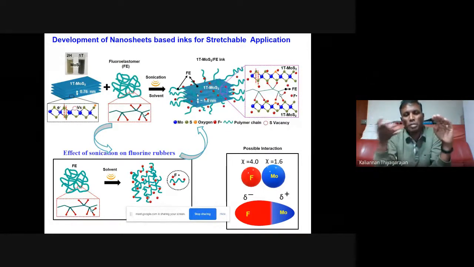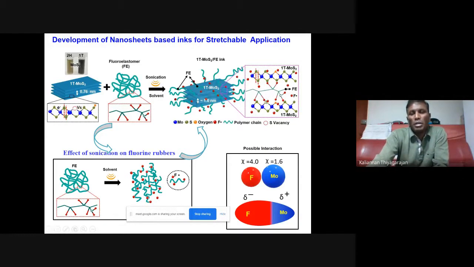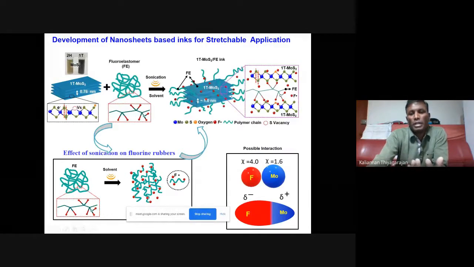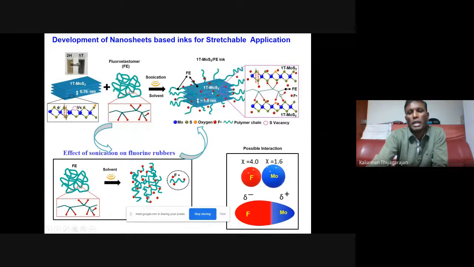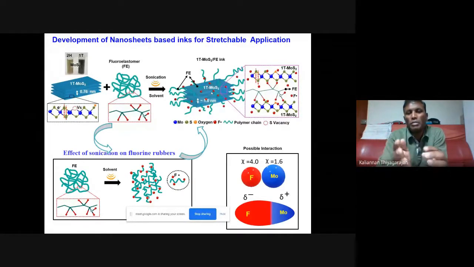Like that, the polymer goes inside your few-layer MoS2, and then it forms a stable ink. The attachment is really very weak, but it will have an interaction. This free radical fluorine can go inside, so they penetrate inside, and the fluorination can smooth the surface, meaning the friction between the sheets will be reduced because of the polymer and the fluorine intercalation.